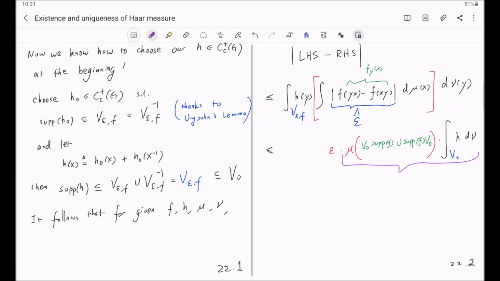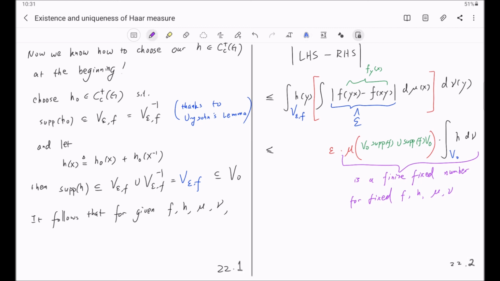So this part is a finite fixed number for fixed f, h, mu, nu. The measure of this is finite because mu is a Radon measure, and this guy, remember, we showed this guy is compact. So this is finite. This is also finite because h is compactly supported and continuous.